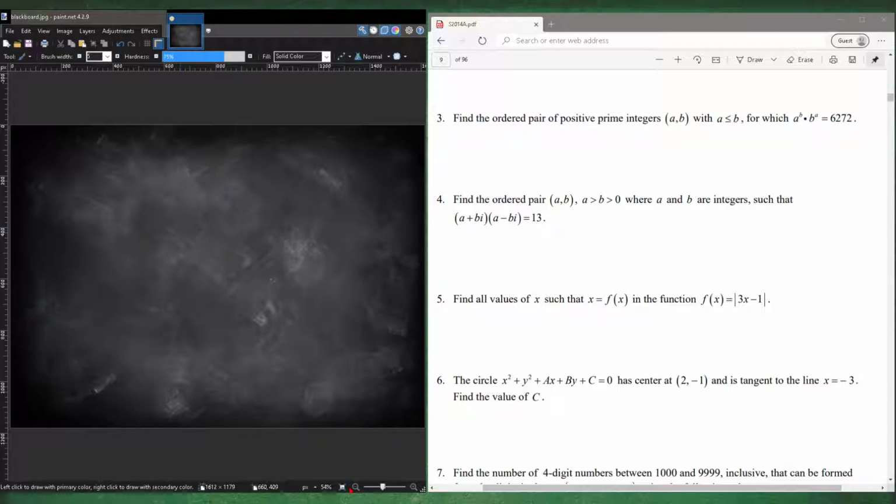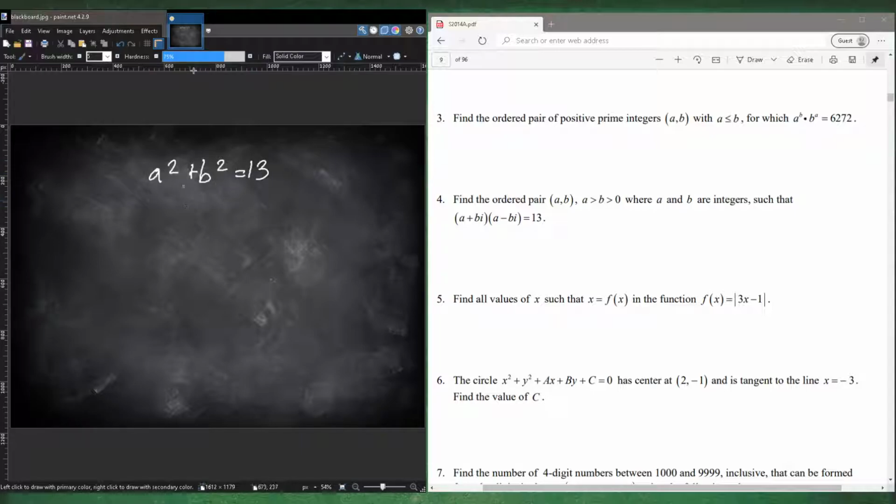Okay, number four. Find the ordered pair A, B, and A is greater than B, where they're both positive and also integers, such that A plus Bi times A minus Bi equals 13. So A times A is A squared. A times negative Bi and A times positive Bi cancel each other out. And then negative Bi times Bi is just plus B squared, so A squared plus B squared is equal to 13.